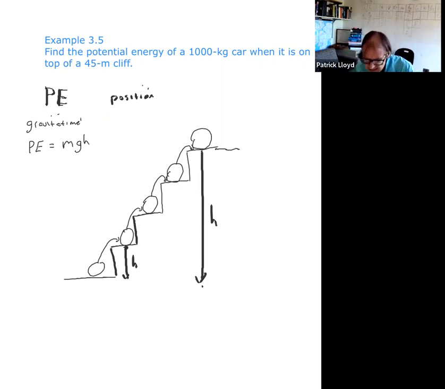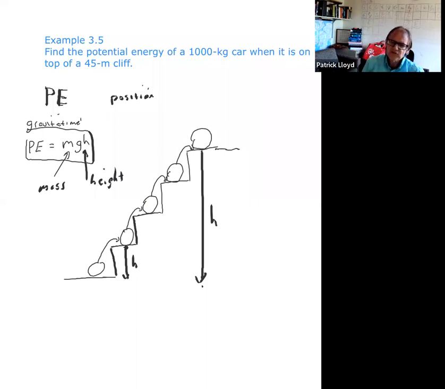The amount of potential energy that an object has depends on its mass, the gravitational acceleration of the Earth, we know what that is, and its height. Essentially what we would argue later on is that once this object is moving, its potential energy is being converted into kinetic energy. So as it falls, it will have less and less potential energy and more kinetic energy. Okay, so the calculation, as I said, is just like it was for work.